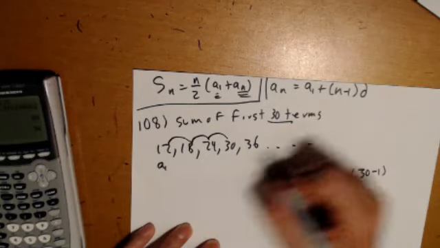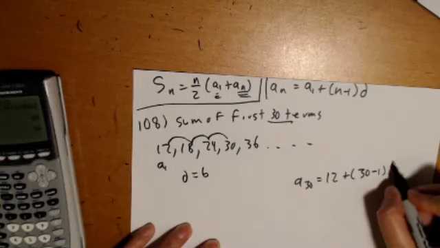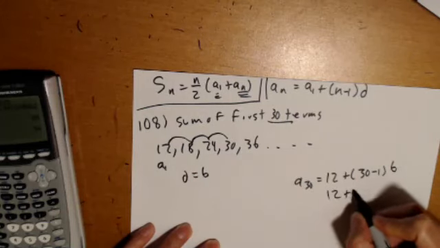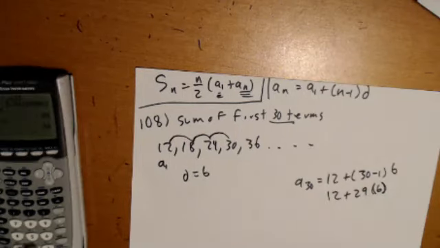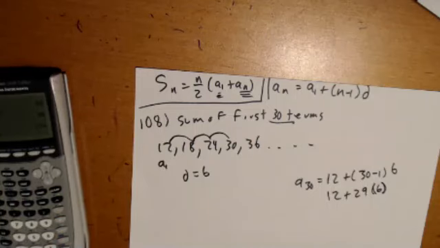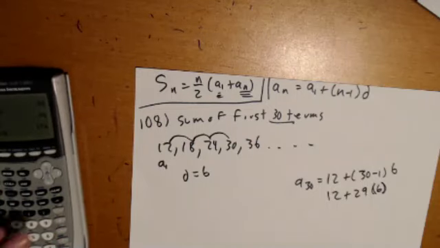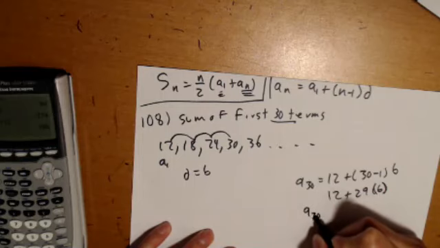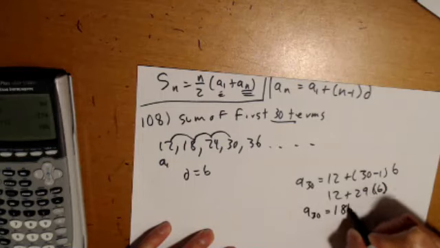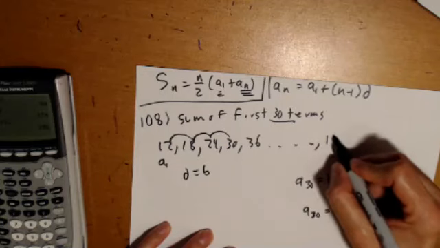So the difference, d, is 6. So that's going to be 12 plus 29 times 6. So 29 times 6 plus 12 is 186. So A sub 30 is 186.